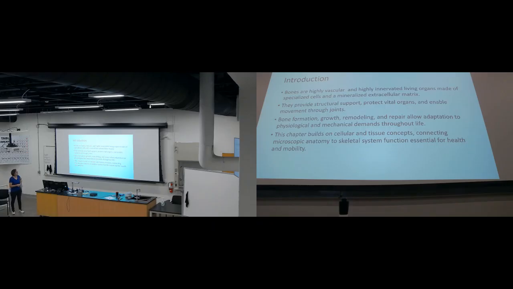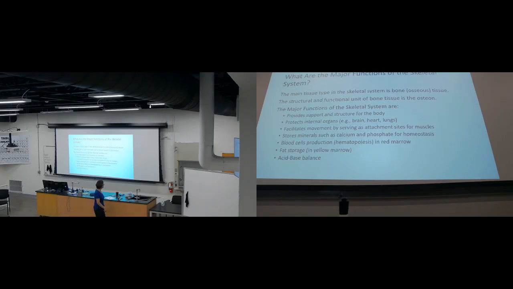So, in this chapter, we're going to see the correlation between cells and tissue concepts that we learned before. And then we're going to connect the microscopic anatomy of the bone tissue, and how it is essential for health and mobility. The major functions of the bone will be providing support and structure to our body.